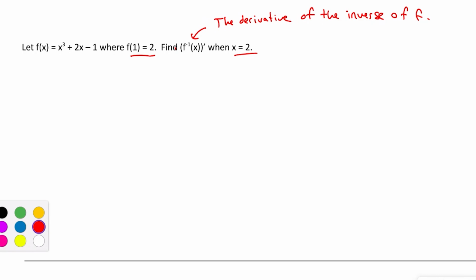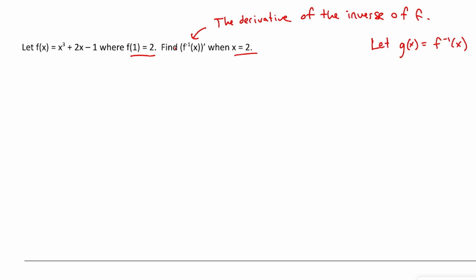Now, out to the side, let's let g be the inverse of f. And I think writing it as its own letter will clean up a lot of the notation.